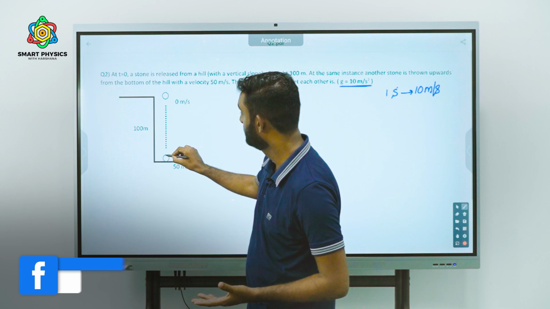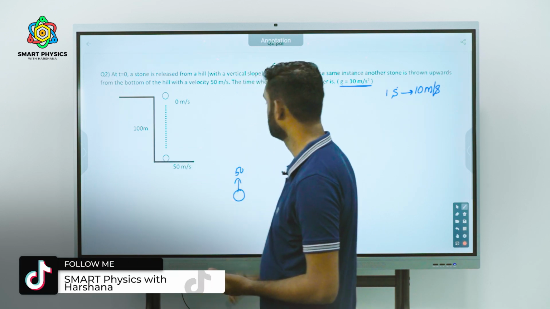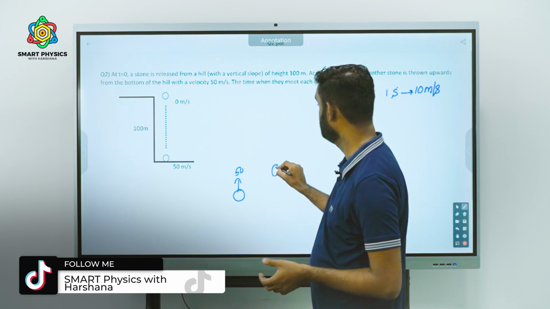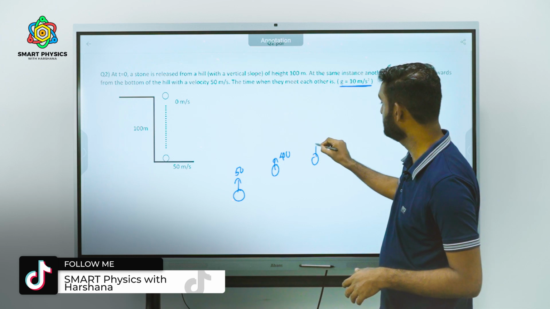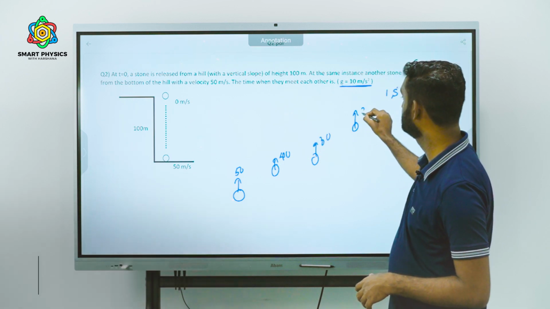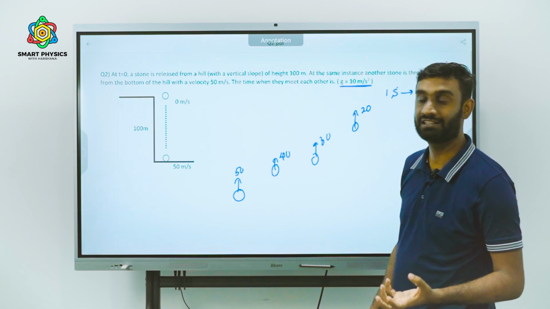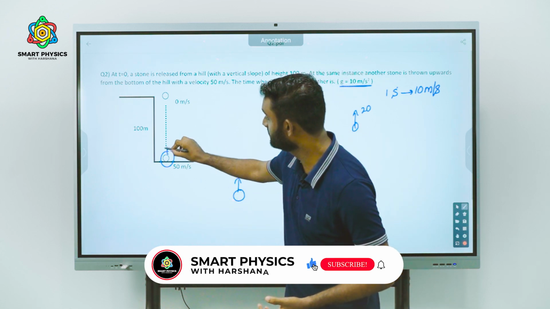Now, here, initially 50 meters per second. Then next second it will be 40. Next second velocity is 30. Next second velocity is 20. Like that, velocity decreases in this object, which is projected upward.